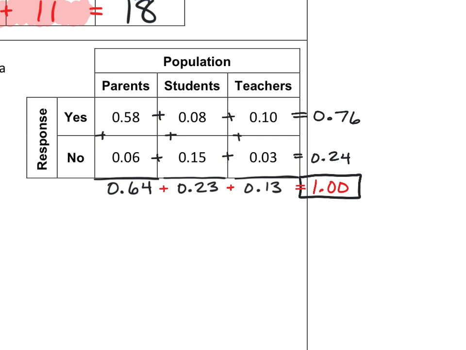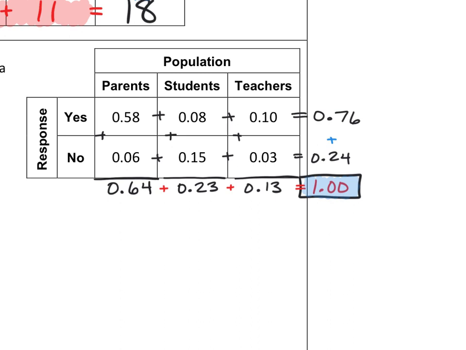And just to verify, because we know all the totals have to add up, what is 0.76 plus 0.24? It's also just 1. So it's as if we're doing out of 100 people surveyed is a good way to think about it. If you have 100 people surveyed, then 58 of the parents said yes and 6 of the parents said no. 8 of the students said yes and 15 of the students said no. 10 of the teachers said yes and 3 of the teachers said no that we surveyed.